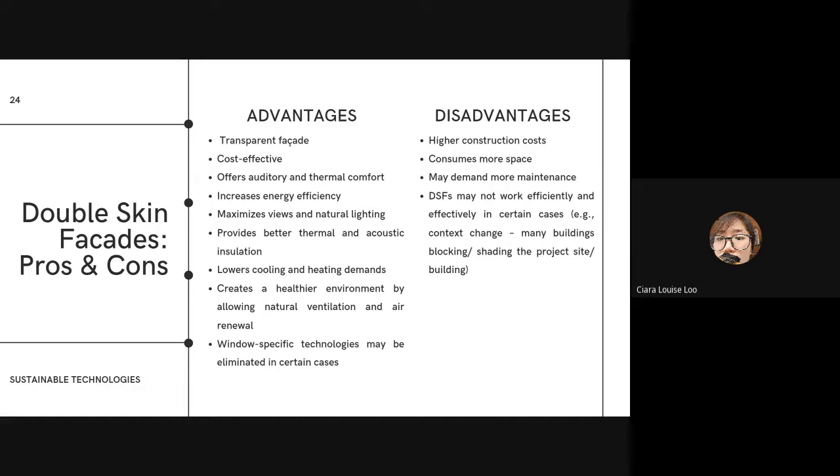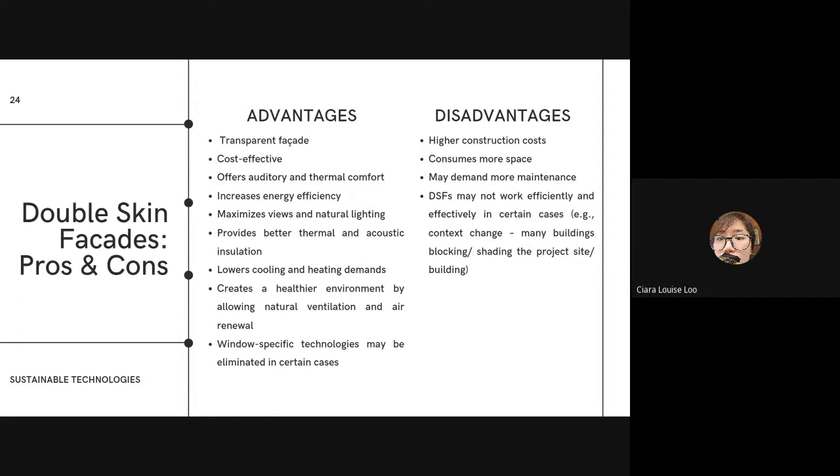It increases energy efficiency and maximizes views and natural lighting, and it provides better thermal and acoustic insulation. It lowers cooling and heating demands, and it can also create a healthier environment by allowing natural ventilation and air renewal. And window-specific technologies can be eliminated in certain cases.